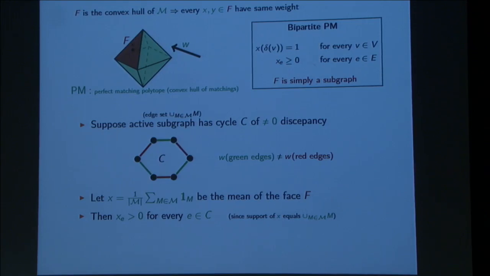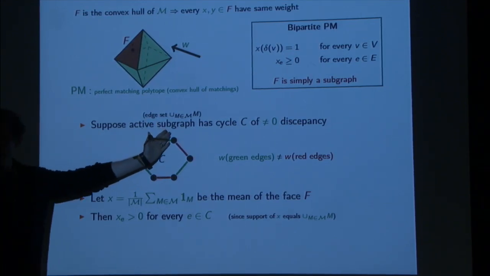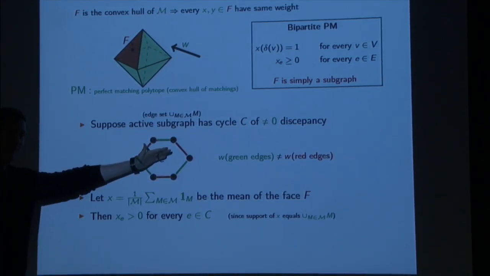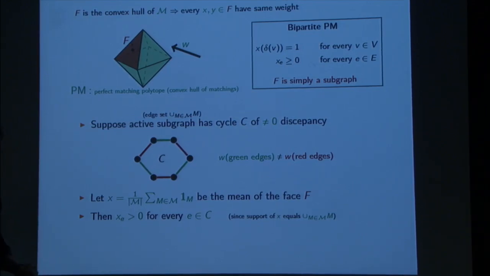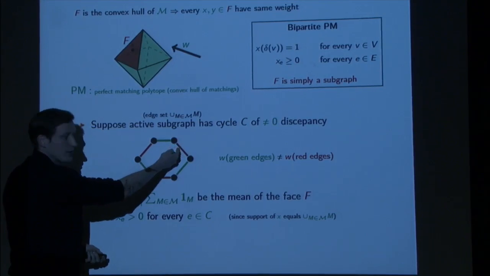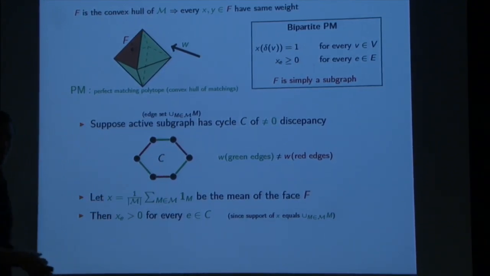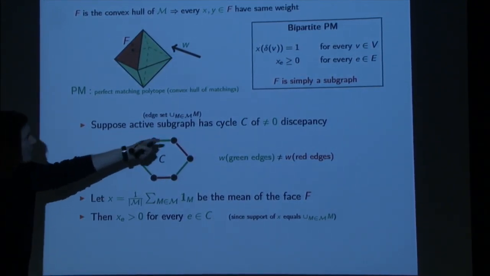Now there is this quite standard argument to prove that the bipartite matching polytope is integral. We increase every green edge a little bit and decrease every red edge. So we increase with plus epsilon, minus epsilon, plus epsilon, minus epsilon. Notice that this satisfies all the degree constraints.